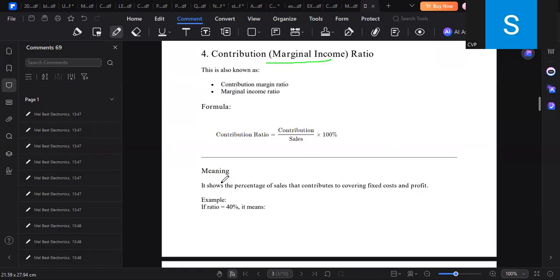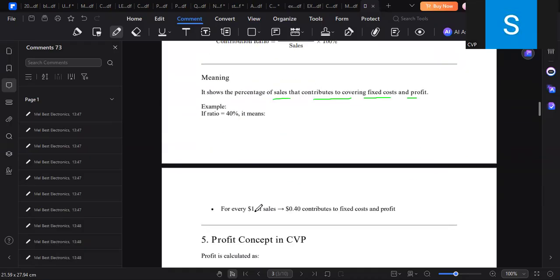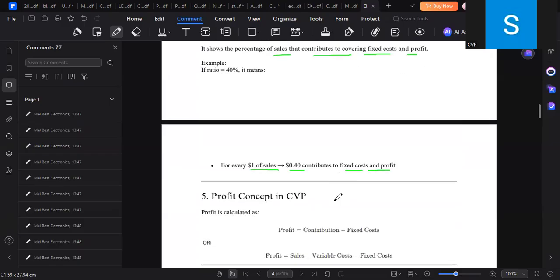So the meaning is that it shows the percentage of sales that contribute to covering the fixed costs and the profit. So if our contribution ratio is 40%. What does it mean? That for every $1 of sales, we have what? $0.4 that contributes to our fixed cost and our profit.